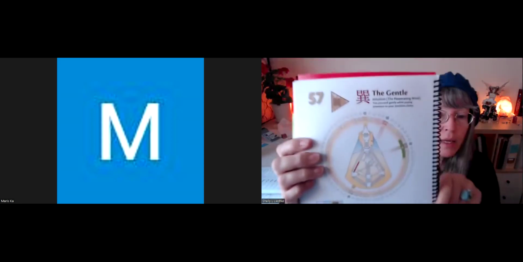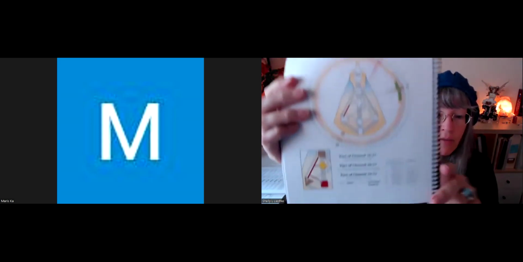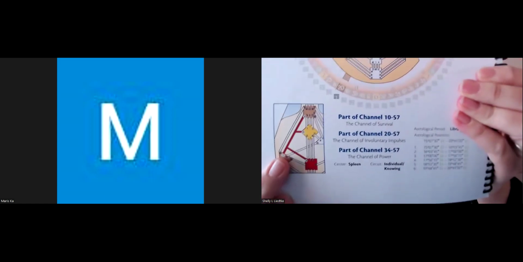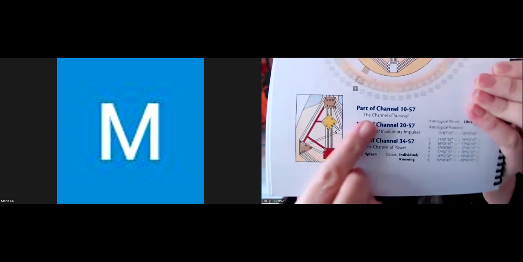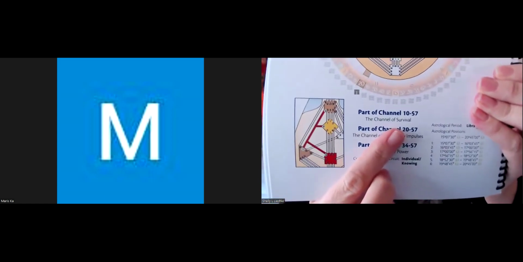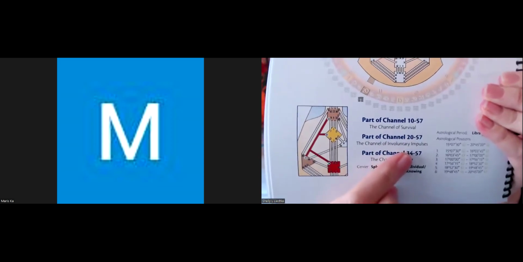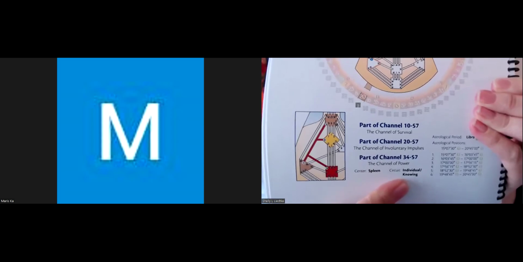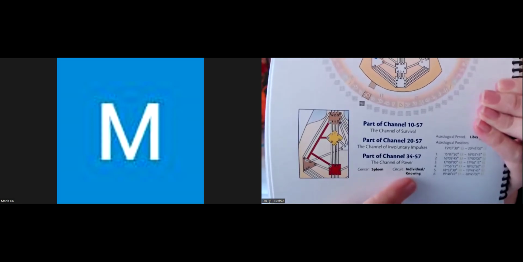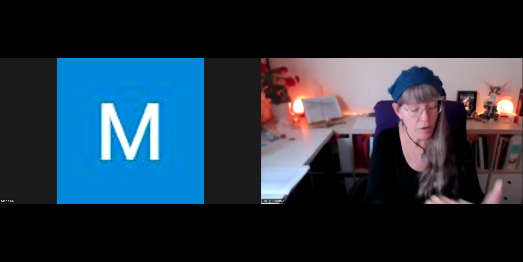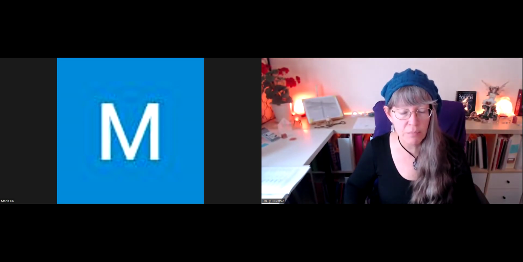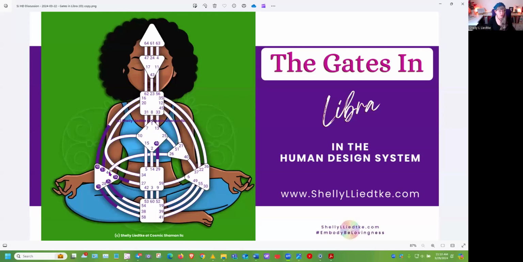Okay. All right. So in Shaitan's book, in the gate 57, he shows the possible connections from the 57. The potential connections are the 10-57 channel, the 20-57 channel, and the 34-57 channel, and it's in the individual knowing circuitry. So I'm going to share my screen real quick, because that is the most busy place in the whole chart.